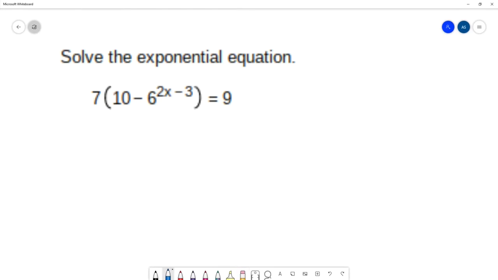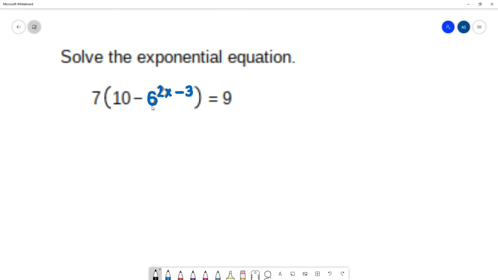So we've got the variable in the exponent here, and that expression in the exponent is attached to this 6. So that's what I mean by the exponential. We want to isolate that 6 to the 2x minus 3 on one side before we can do our methods for exponential.